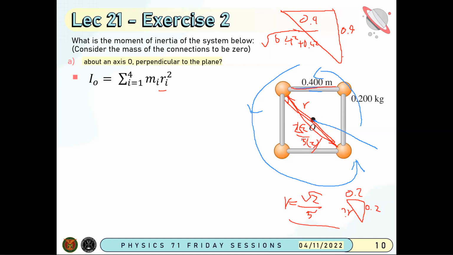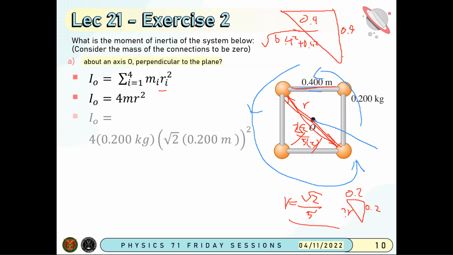Okay. And that is the same for all particles. So we just get 4 times mr squared. Right? Because mr squared plus mr squared plus mr squared, since they are similar, we just have 4mr squared. Okay?